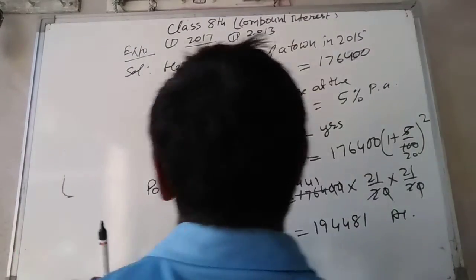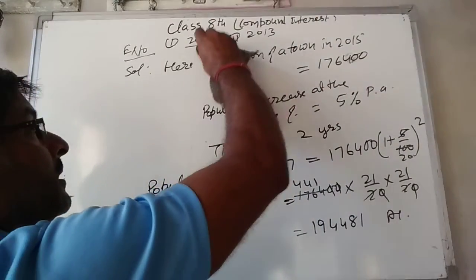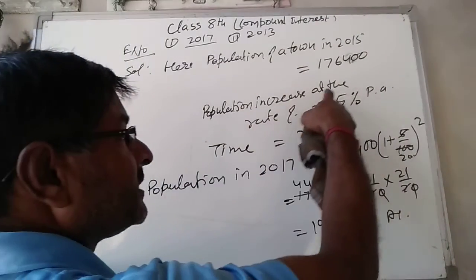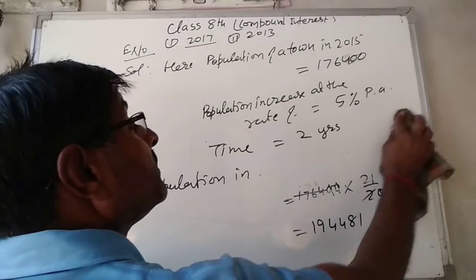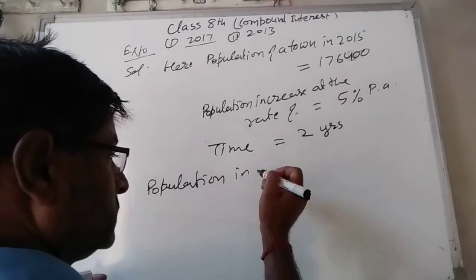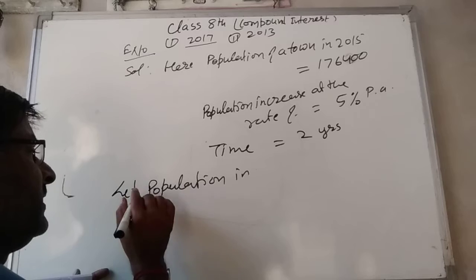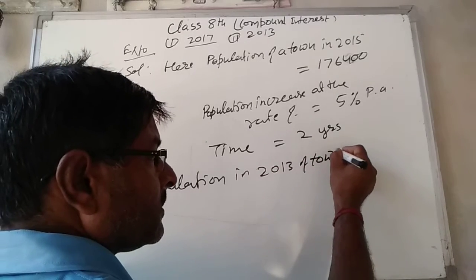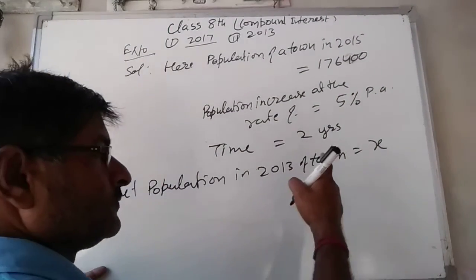Now the second case. For the second case, the population of 2015 becomes the amount. No need to change this statement. Population increases at the rate of 5%. Same time also, 2 years. Only one change will be there, in 2013. Let the population in 2013 of the town be x.